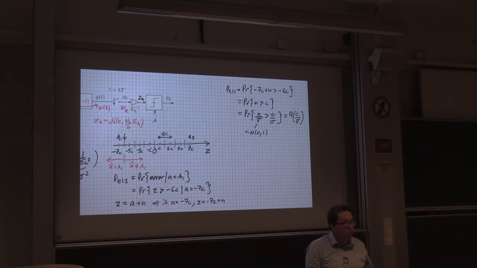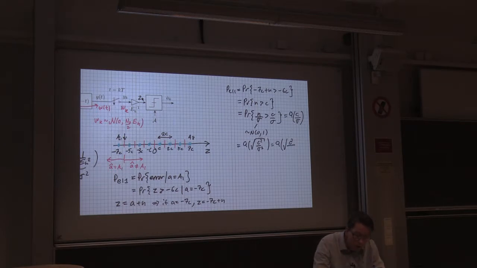Okay, and for reasons that will be more obvious later on, we will write this as the Q of the square root of C squared divided by sigma squared, which is the Q of C squared, and then we'll put in what sigma squared is, which is N naught over 2 divided by Eb.